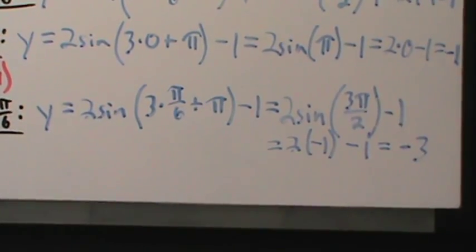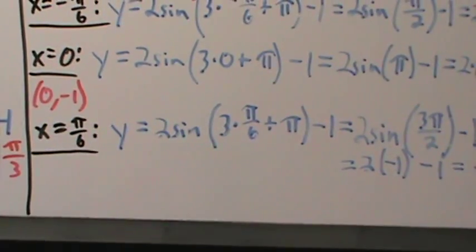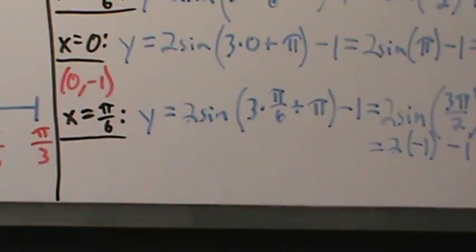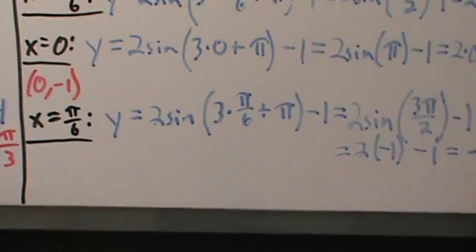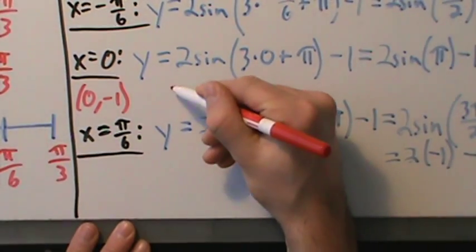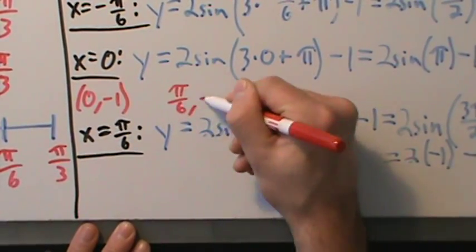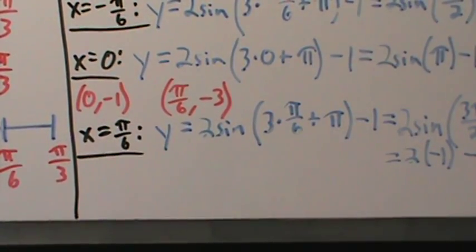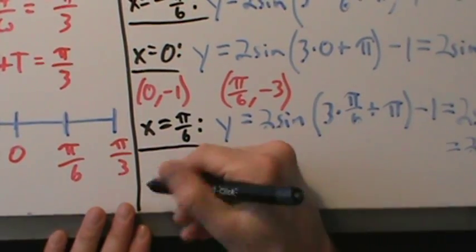This blue is kind of running out, so maybe I'll switch to green. Then this corresponds to the point pi over 6, comma, negative 3, because when x is pi over 6, y is negative 3. All right, one more to go. Maybe the blue will hold out. So pi over 3 is our last one to look at.